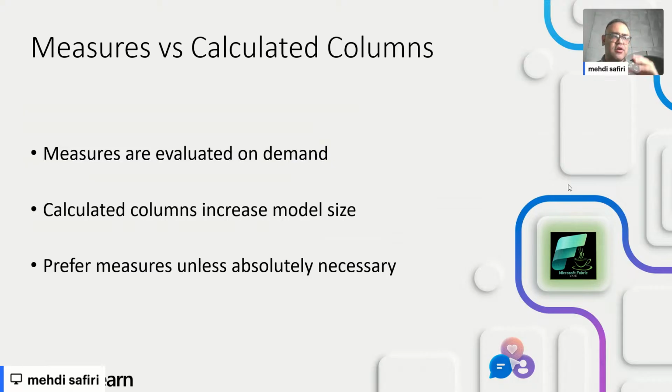This is called upstreaming, and it reduces the load of RAM consumers. This is the priority of usage: measures over calculated columns, transformations in Power Query over measures, or you can go further and do the transformations in the SQL Server environment.